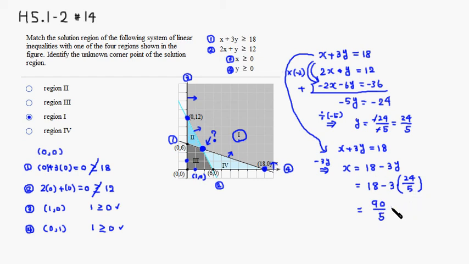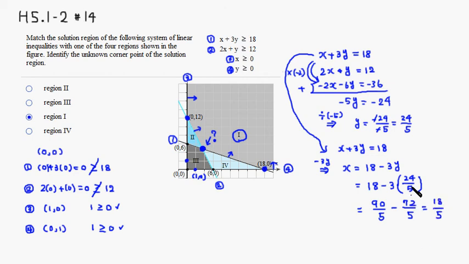Then we subtract 3 times 24, which is 72, over 5, the same denominator. So 90 minus 72 is 18 over 5.